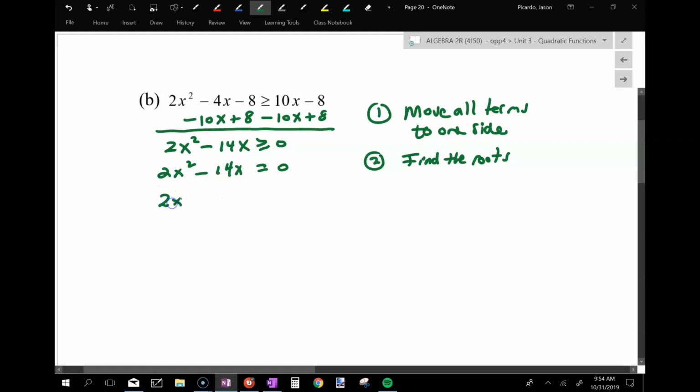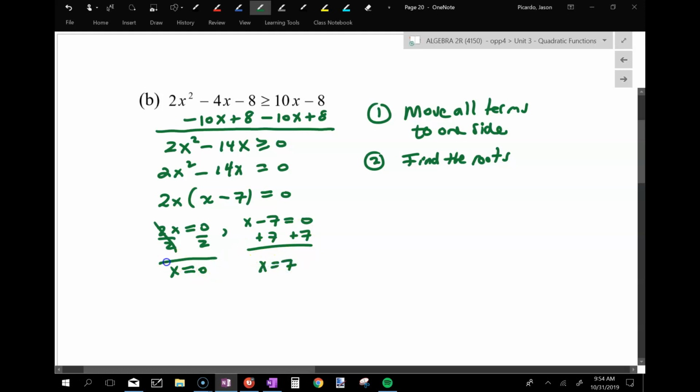And this one has a greatest common factor of 2x. Set those equal to 0. So I have roots of 0 and 7. All right, got my roots.